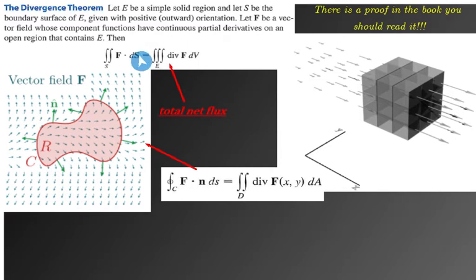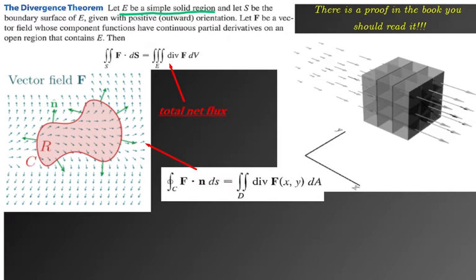It's a very quick, easy computation. So it's saying this surface integral, which can be really cumbersome, is actually just equal to a triple integral of a pretty nice computation in terms of vector operations. And this thing right here on the right is what we call total net flux. That's a formal term.